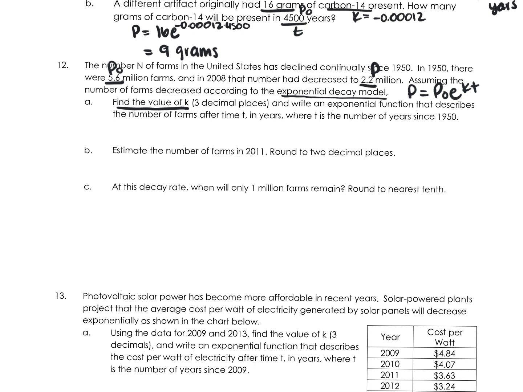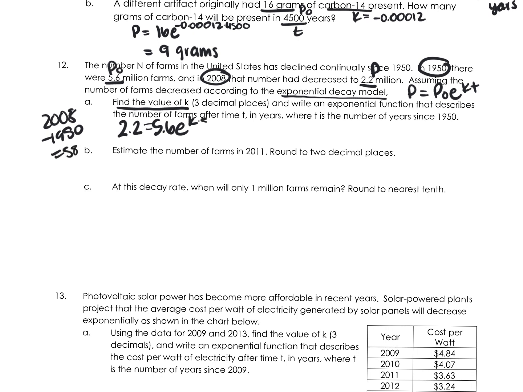So if we end with 2.2, start with 5.6, and we're looking for K, we need something to plug in for T. And so we're looking at how much time passed. So the starting was in 1950, and 2008 was the ending. So 2008 minus 1950 will be 58 years.